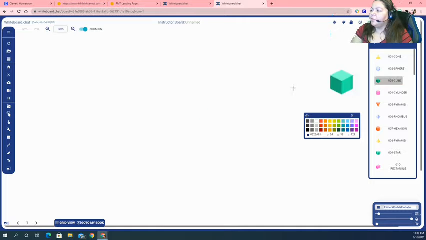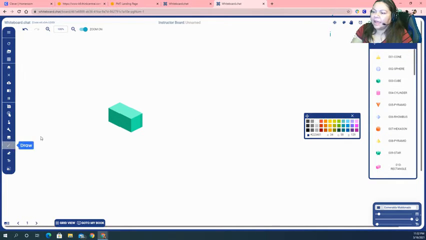Here on the whiteboard, for example, I have a cube. If I put 2 cubes together, then I can say that I have 2 units going sideways, because there's 1, 2, and then I have 1 going to the side, and 1 going up.